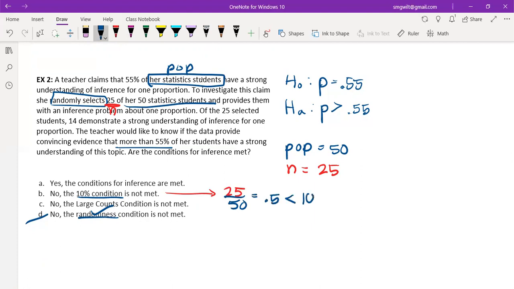And that's supposed to be less than 0.10, right? And that is not true. So 50% is not less than 10%. So the correct answer here is that the 10% condition is not met. Only when they give us population size will this potentially be the condition that is not met.